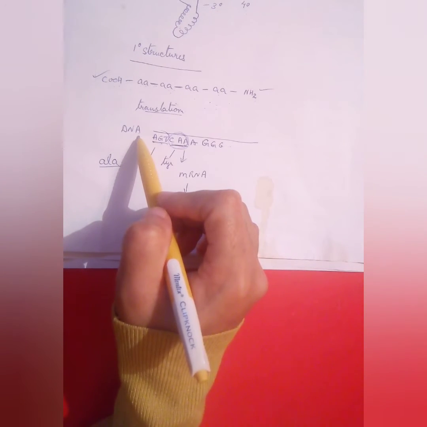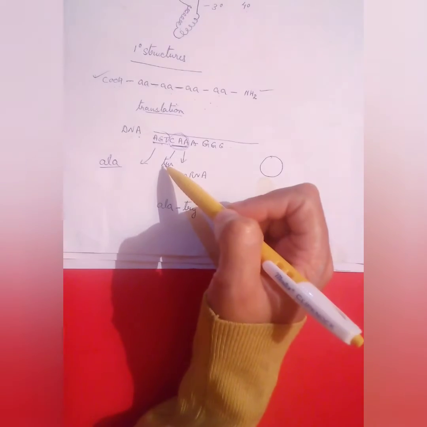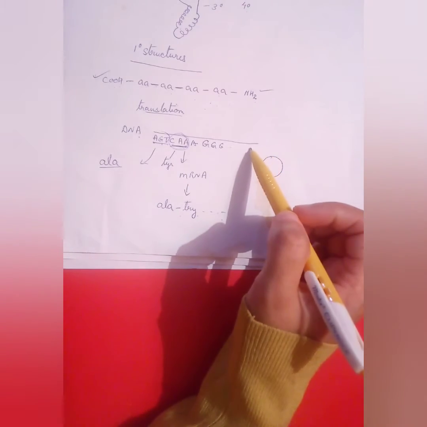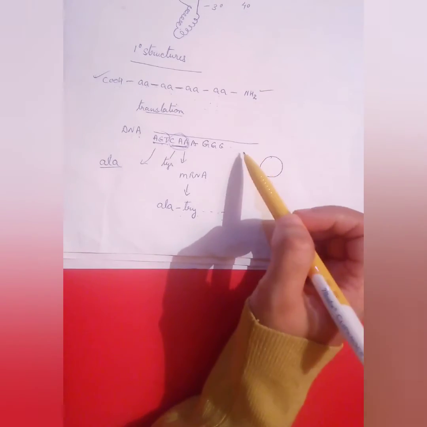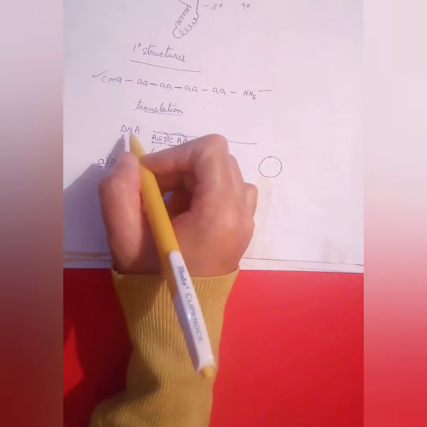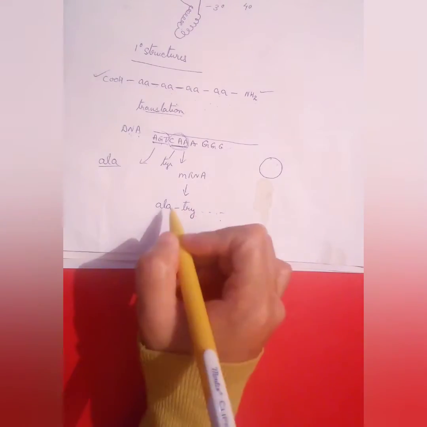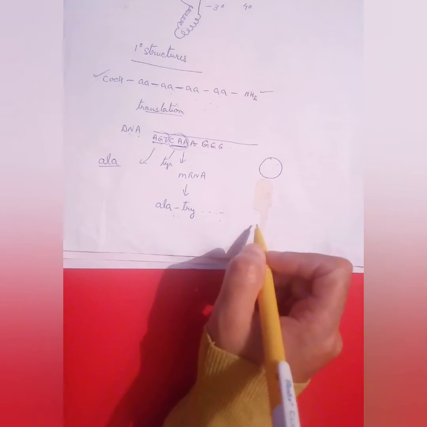Inside the cell, when these proteins are synthesized, the cell has all the information in the form of DNA, which will determine how these amino acids will be synthesized and how they are going to be arranged.